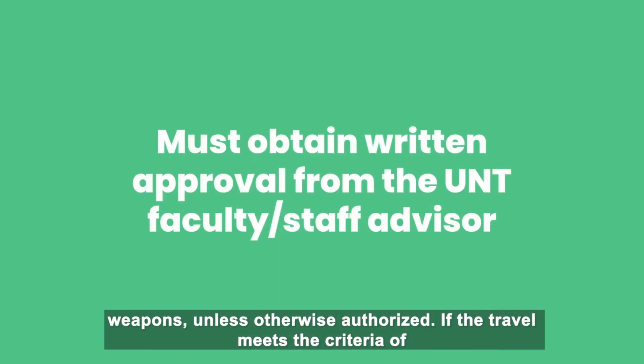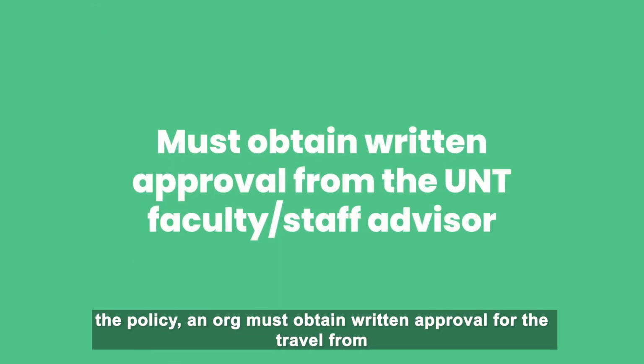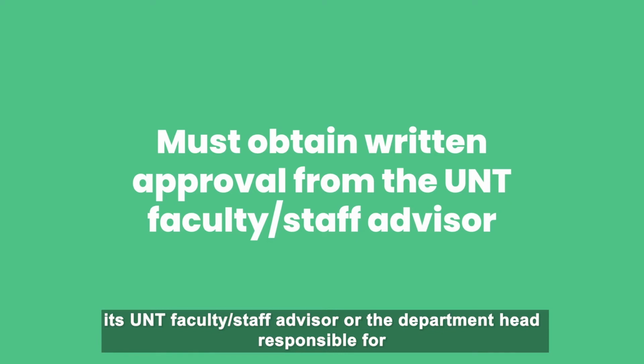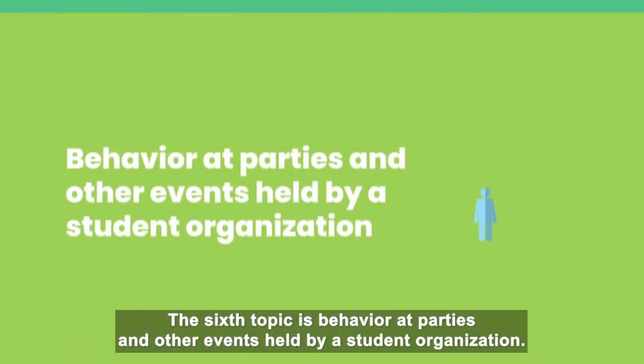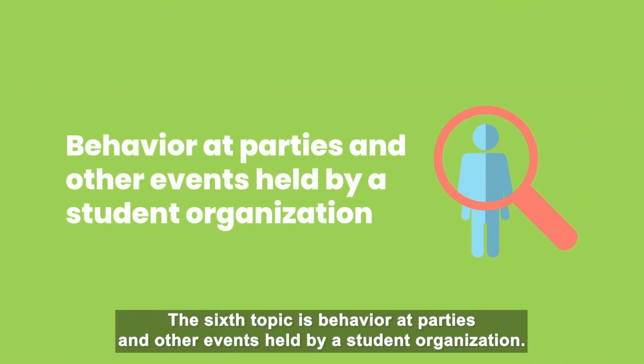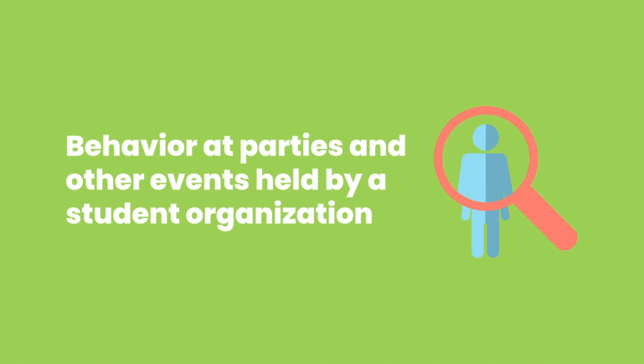If the travel meets the criteria of the policy, an org must obtain written approval for the travel from its UNT faculty staff advisor, or the department head responsible for funding or organizing the travel before the date of the event or activity.